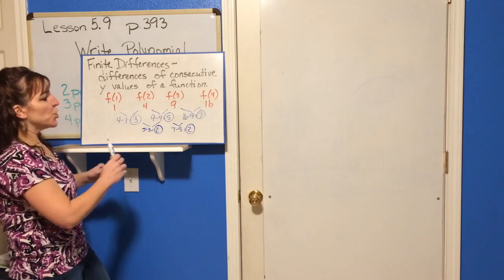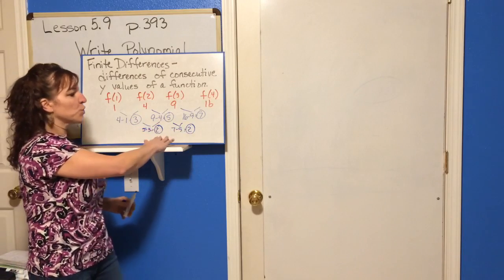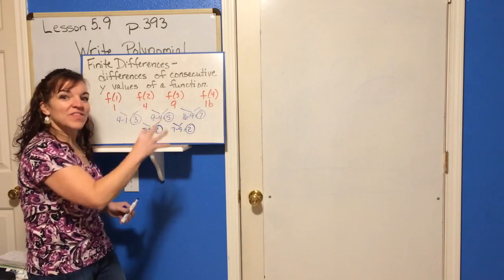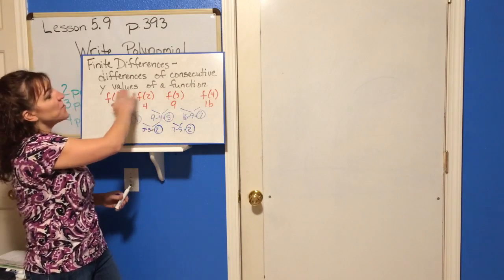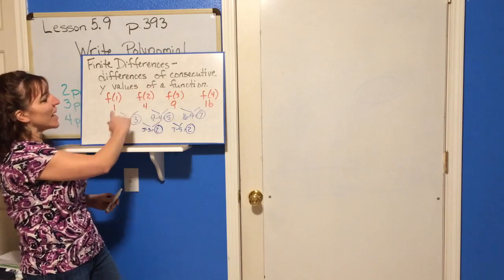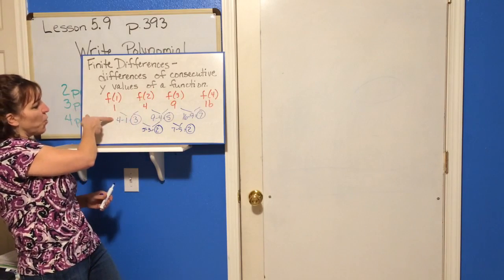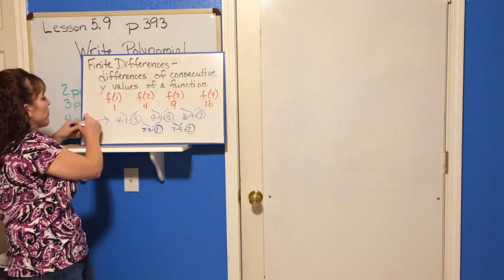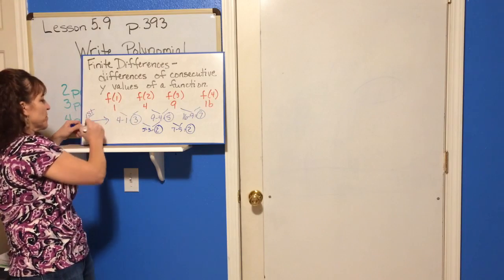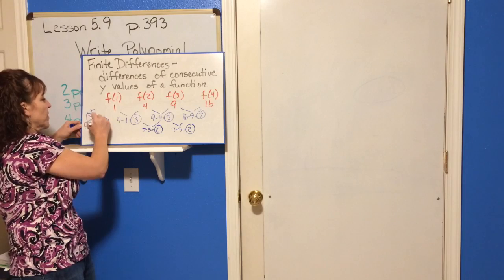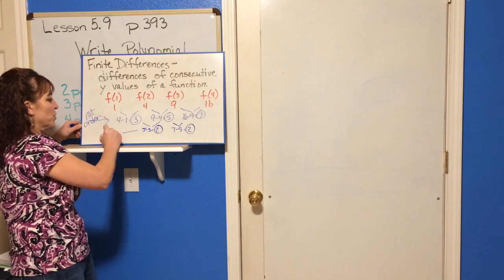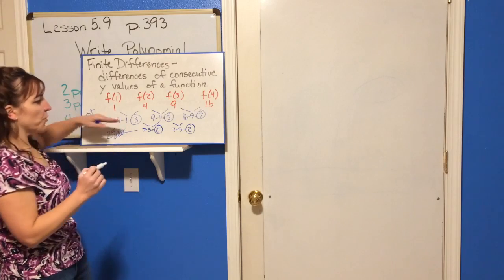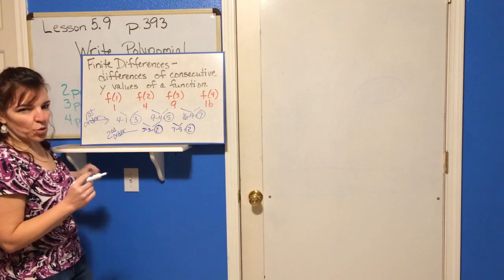When you get to where the differences are all the same, that's how you know this function is going to have a degree of 2, because this is the first order differences, and this is the second order differences. Okay, so first order differences, second order differences.